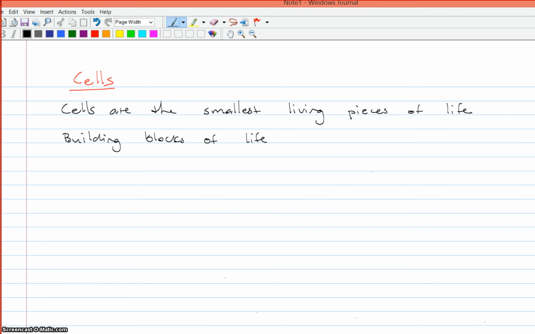and you can have things that are only made up of one cell. So you can have what are called unicellular organisms, and they're made of a single cell. So things like bacteria are unicellular, made of a single cell. You can also have organisms like us, which are multicellular.